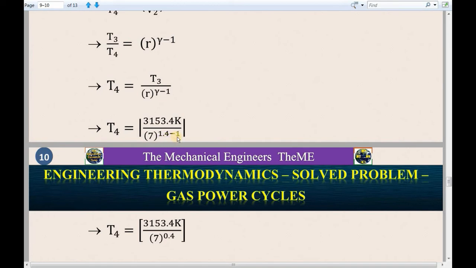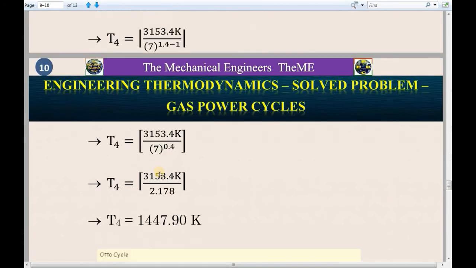Here 1.4 minus 1 is 0.4. So the next step will be T4 is equal to 3153.4 Kelvin divided by 7 to the power of 0.4. In this denominator, 7 to the power of 0.4 is 2.178. So the next step will be T4 is equal to 3153.4 Kelvin divided by 2.178.